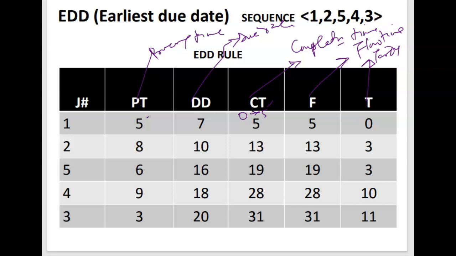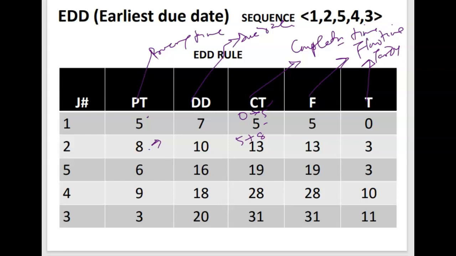Job 2 requires 8 days. It's only going to be done after job 1 has been completed. So you have spent 5 days on job 1. If you add job 2, which requires 8 days, it will be 13, which is 5 plus 8. The 5 is from job 1, the 8 is from job 2. That means at the end of the 13th day, we will complete job 2.